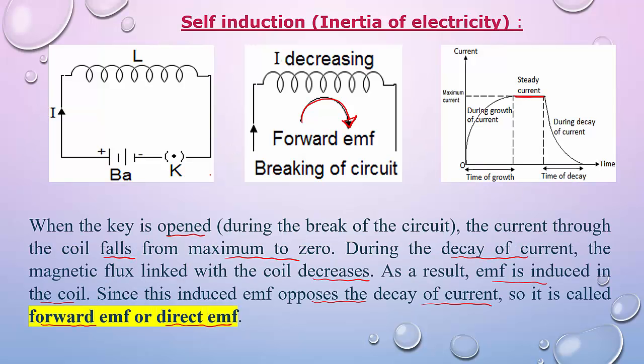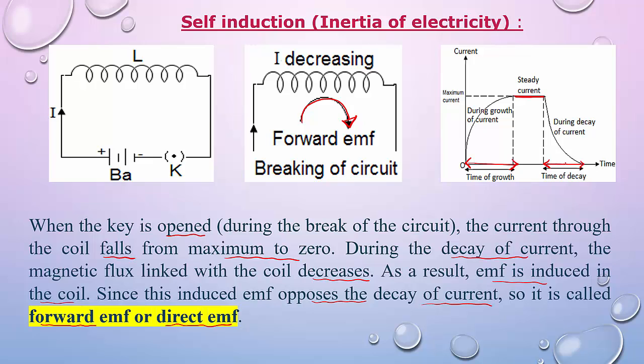Observe the picture here, you will get to know time of growth. To increase the current, it takes more time. Practically, you can observe in the laboratory. Now you can observe through this graph. Time of growth is larger. You can observe this picture. Time of growth is always greater than time of decay.